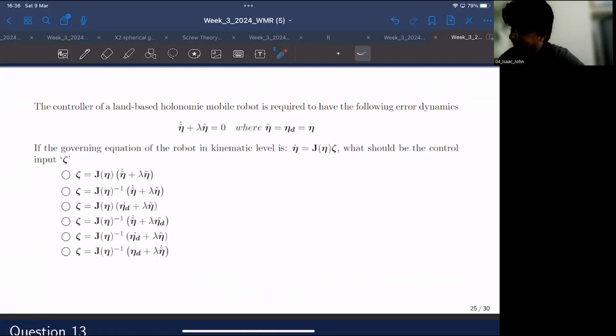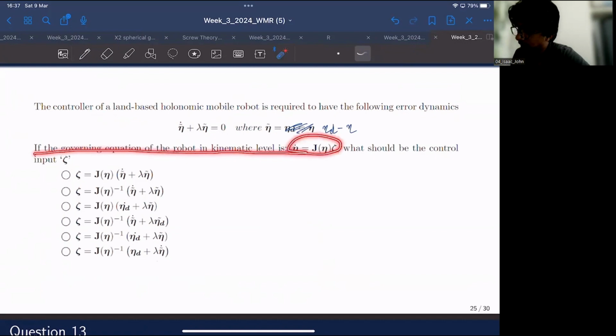And this eta tilde is defined to be eta desired minus eta. So this is not an equal sign, this is eta desired minus eta. So if the governing equation of the robot at kinematic level is given as eta dot is J of eta multiplied by zeta, what should be the control input zeta?